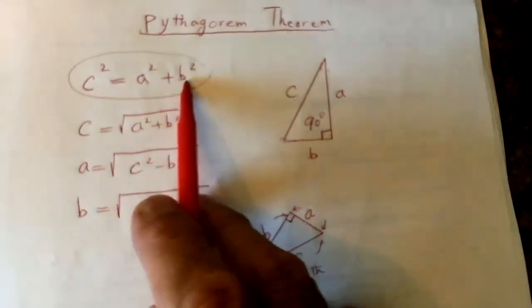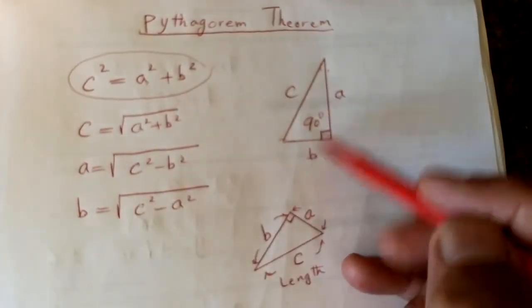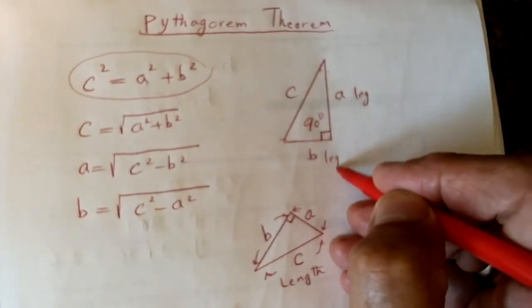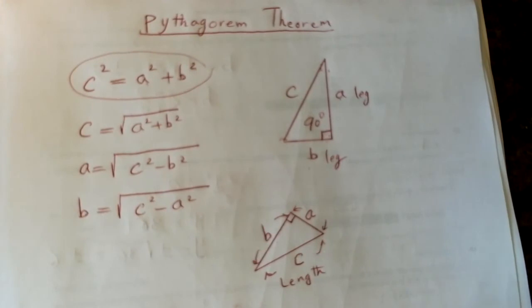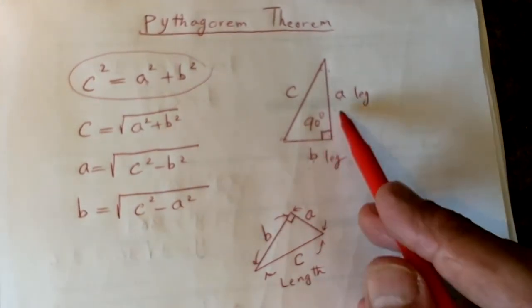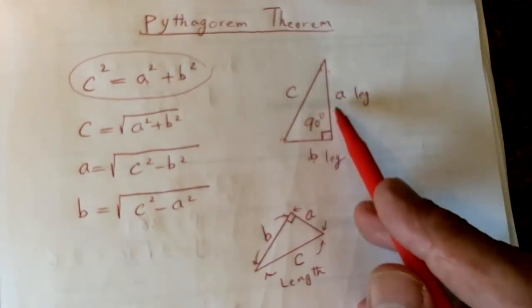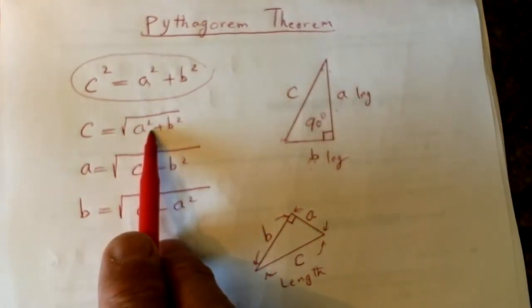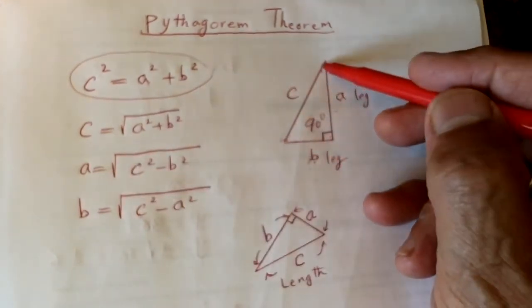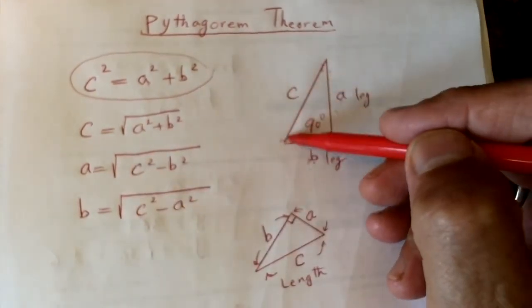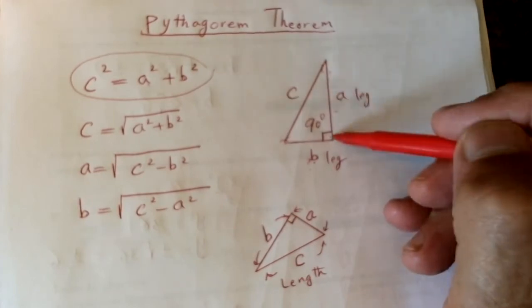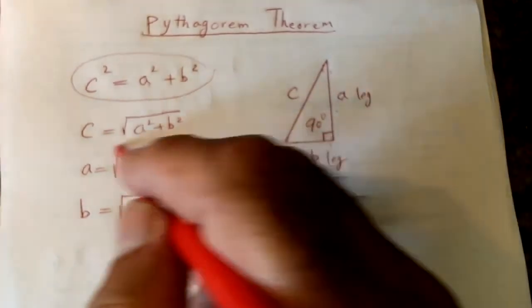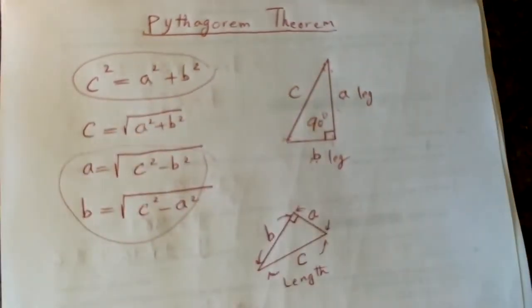From this formula, if we give you these two, they call these legs. There are two legs here. If we give you the length of these two, the value of these two, and ask you to find the C, you find it from this formula. If we give you the length of the longest side and one of the legs, then that's how to find the other leg.